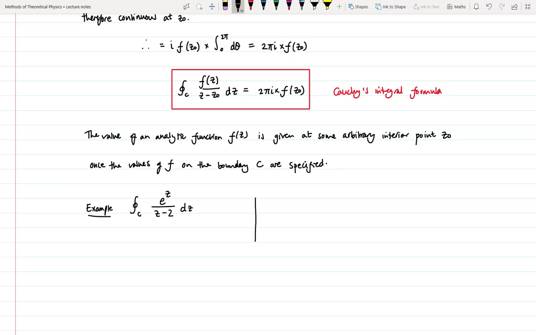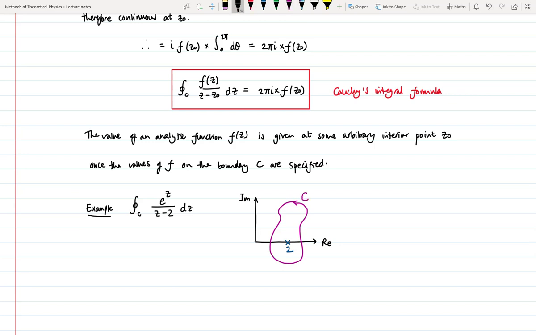A little picture, where we have the real and imaginary axes, and we note that the point of interest here, z naught, lies on the real axis at z equals 2. And let's consider a contour C that encloses this point. It might look something like that.